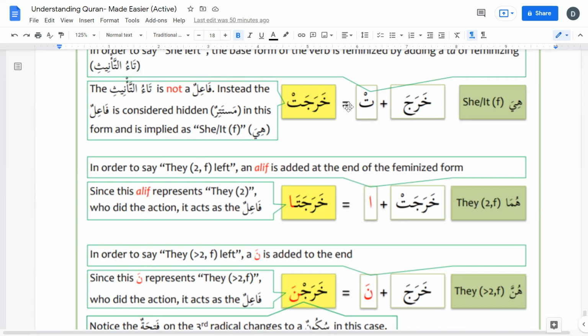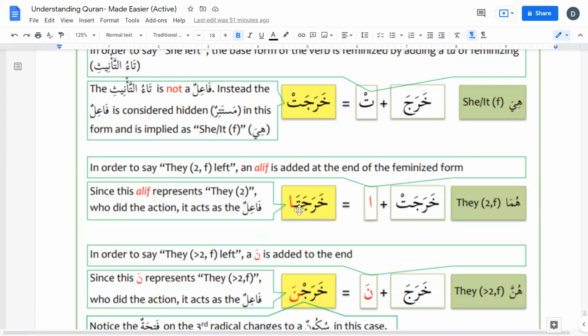Now come to the huma version, feminine. They two, but they are female. So we are talking about two things or two persons, but they are both girls or females. Kharajata. Here, kharajat, we just add again alif al-muthanna, the alif of the dual, to make it dual.